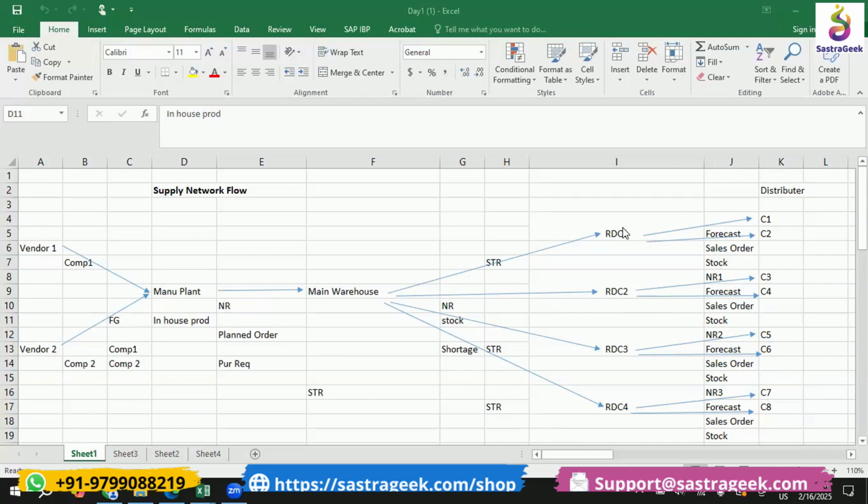In this example, all four regional distribution centers source the finished good from a common main warehouse. That means my organization has a main warehouse located somewhere central, which has sufficient storage capacity to store the goods and supply to regional distribution centers as and when required.